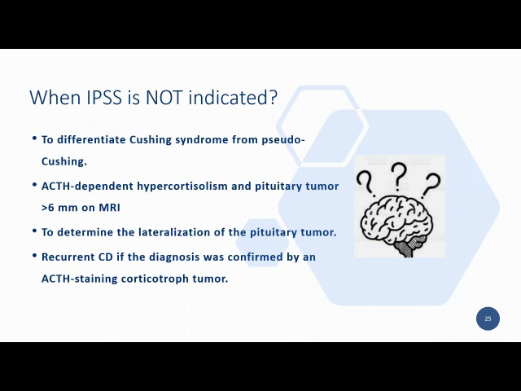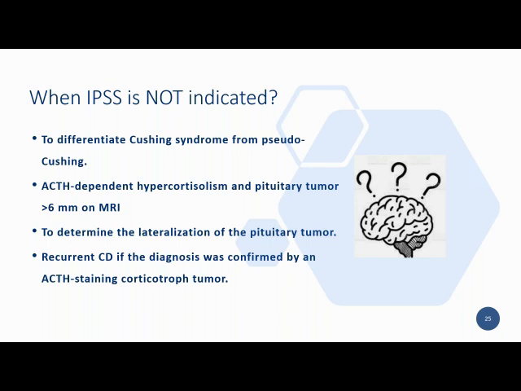When is IPSS not indicated? It's not the test used to differentiate Cushing syndrome from pseudo-Cushing. Remember, if you go back to that priority hierarchy, before we get to a point that we need to do IPSS, we really need to differentiate clinically and with non-invasive testing ACTH-dependent hypercortisolemia from pseudo-Cushing states.